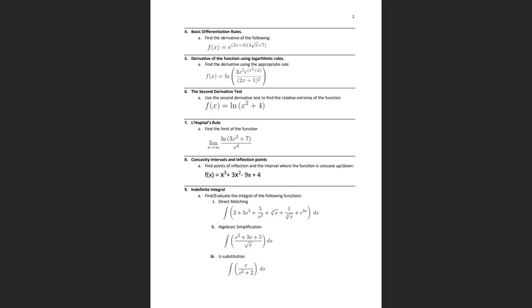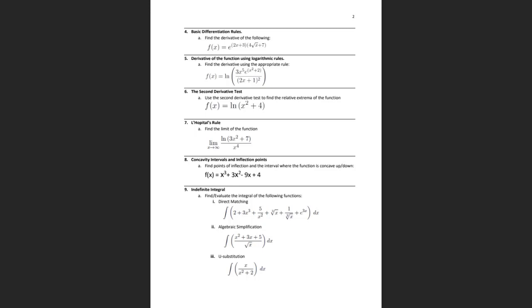Oh, yeah, of course. And when we're doing U sub, there's two terms. How do we know which one to use for the U? Yeah, it depends. Like for number 3, you would pick x squared plus 2. You want to pick the most complicated one, or the one whose derivative will help you get rid of something that's left in the equation.